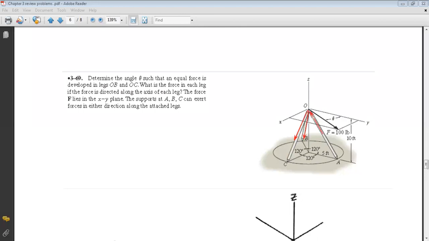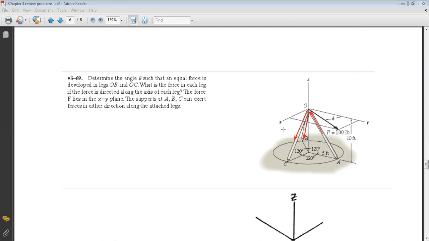Okay? And also in this way, by making this assumption, I have the possibility of equilibrium along X, because I will have components that have positive X and others that have negative X. Okay, so always I make assumptions. Sometimes my assumptions might be wrong, so I will get a negative sign.